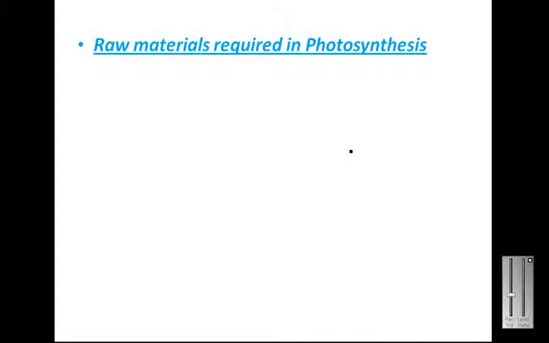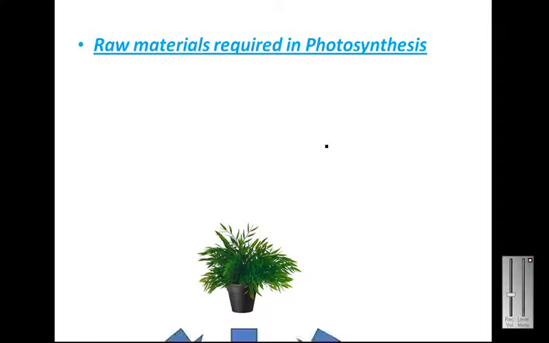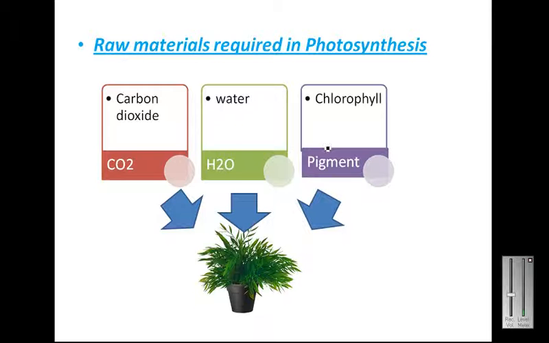What are the raw materials required in photosynthesis, or you can say the reactants? So we know sunlight is important. We do have other things: carbon dioxide, which is taken from the atmosphere; water, taken from the soil with the help of roots of the plants; and chlorophyll, a green pigment.